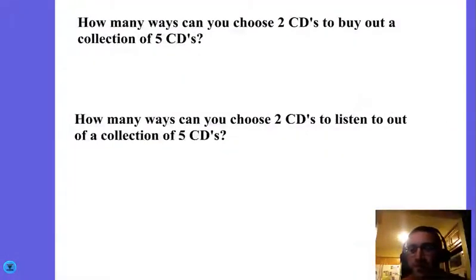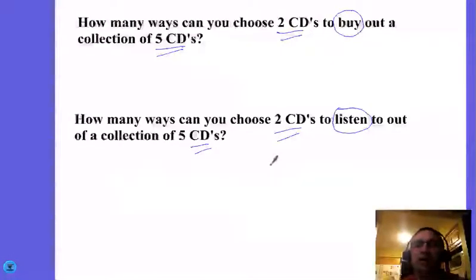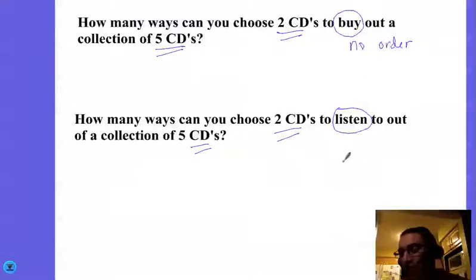Alright, so here we have an example where we're choosing 2 CDs from 5 CDs in both cases. However, when you take a closer look, one is buying and one is listening. When you buy them, you're just choosing them and the order doesn't matter.